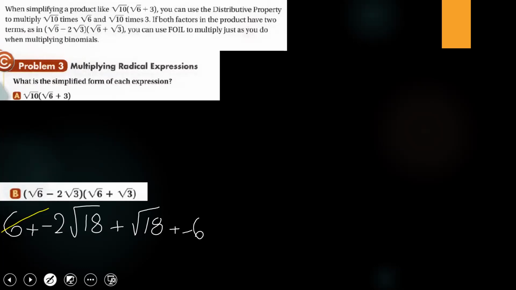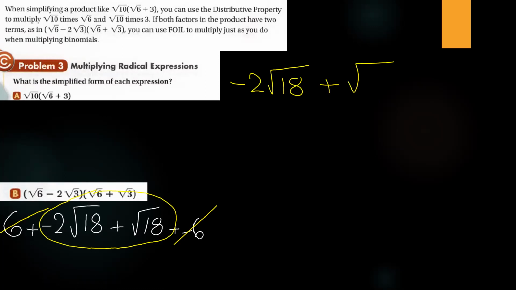Now let's continue here. 6 cancels negative 6, is it right? Yes, 6 minus 6 is 0. Now let's add these two numbers here. Negative 2 square root of 18 plus square root of 18.